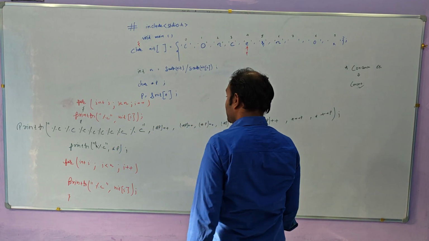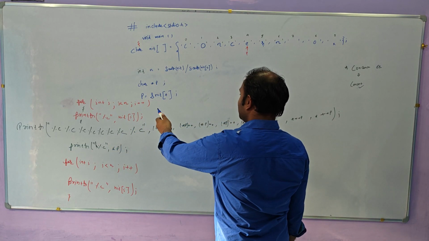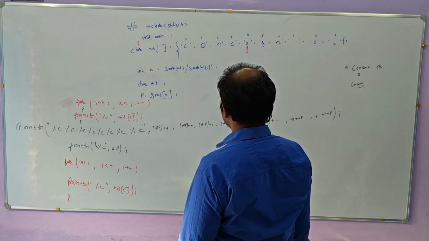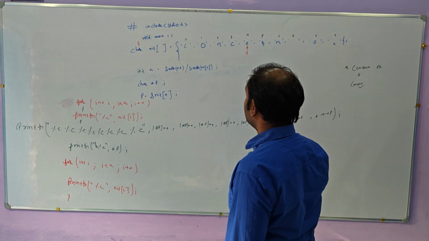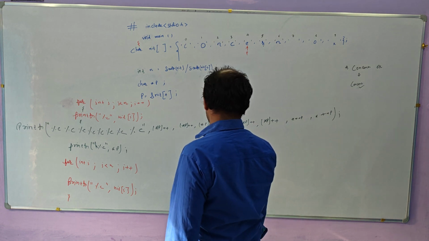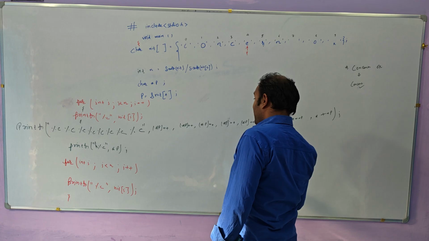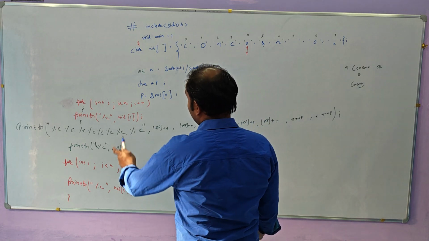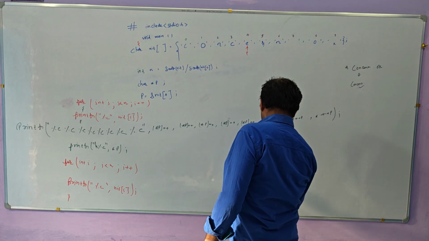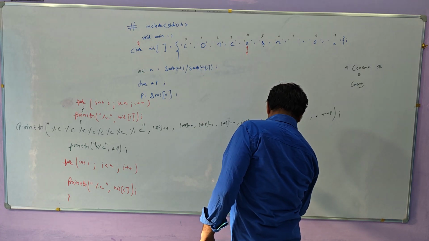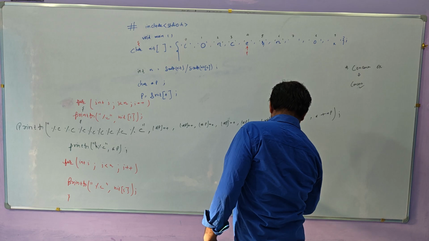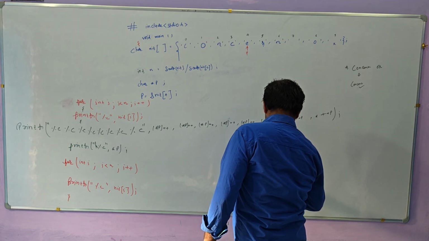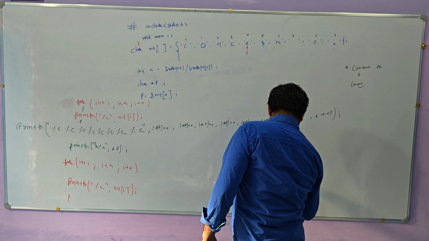Then after that i becomes 1, 1 is less than n, so it prints O. Then so on, it will print concern, and there is a space, and OK.